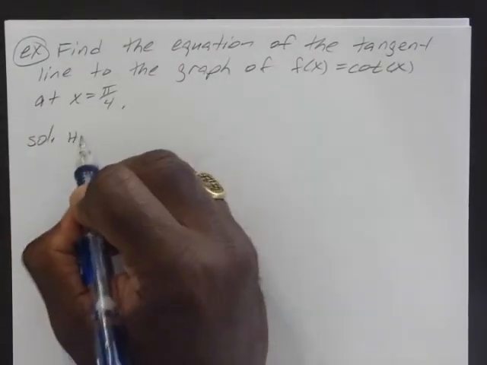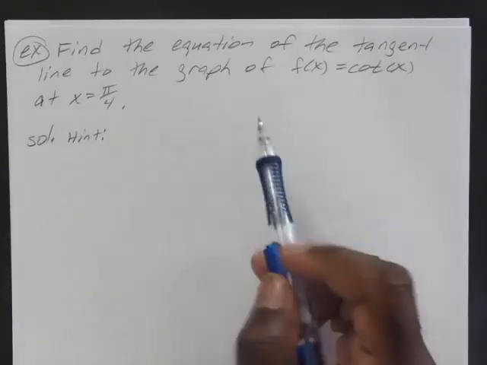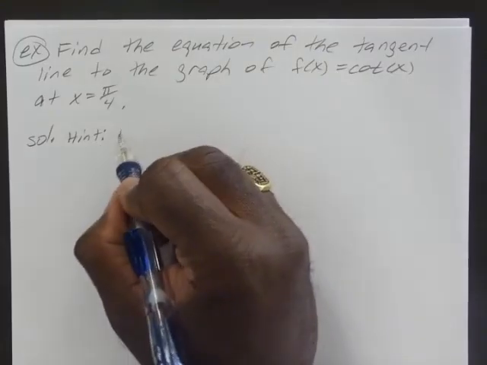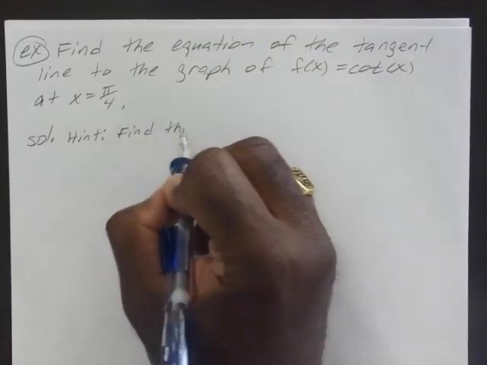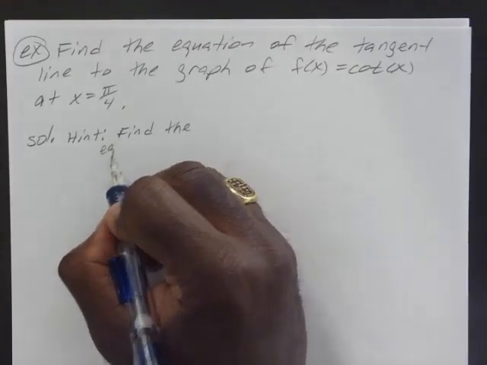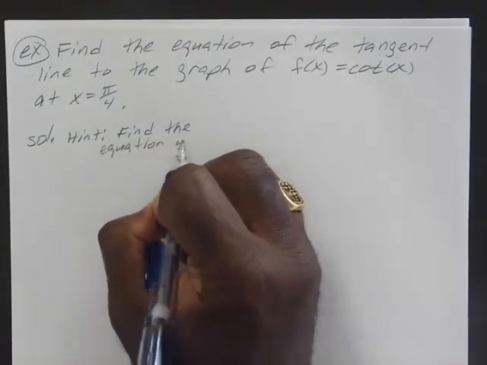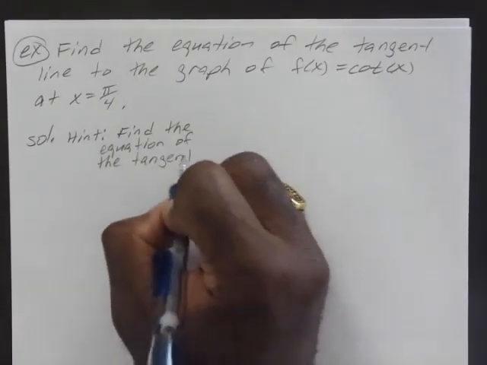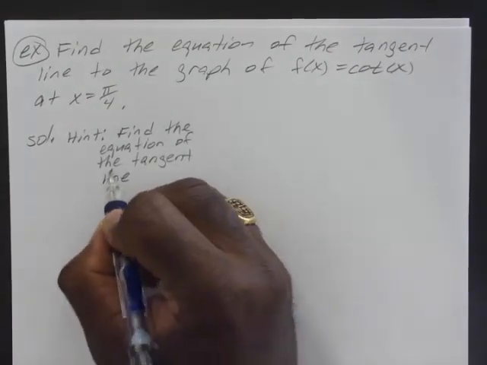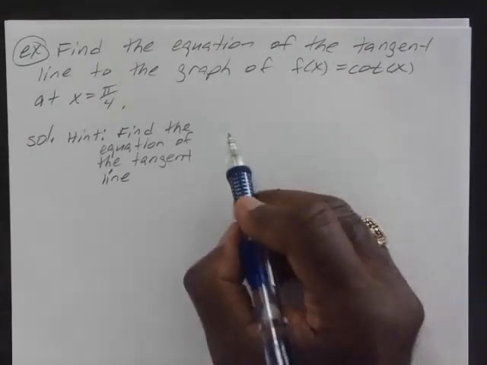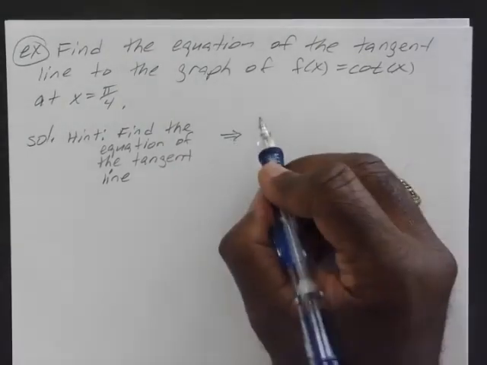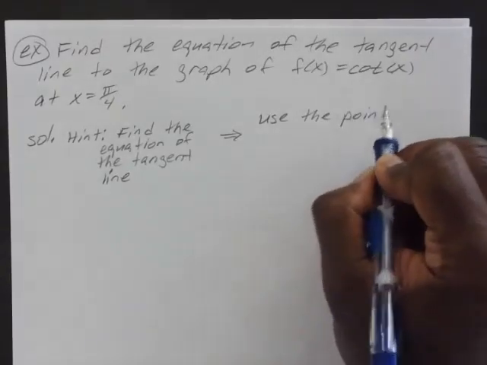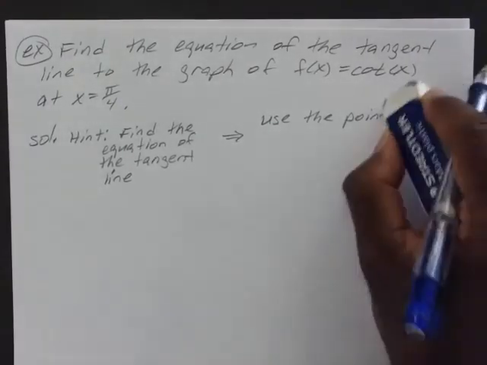Okay, so here's a little hint. Whenever you see a problem and it says find the equation of the tangent line, all that means is that you're going to use the point slope formula.